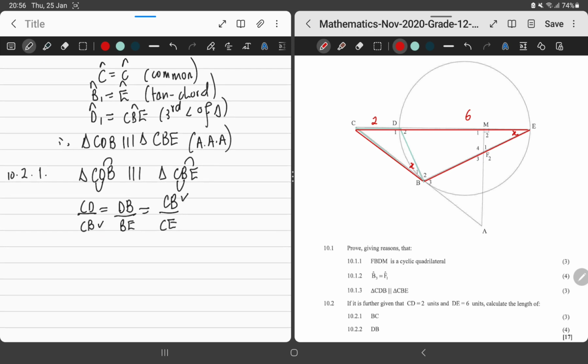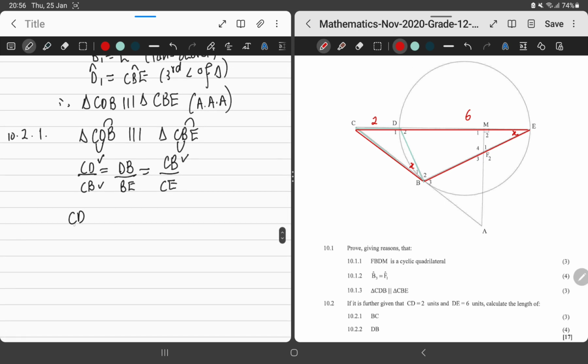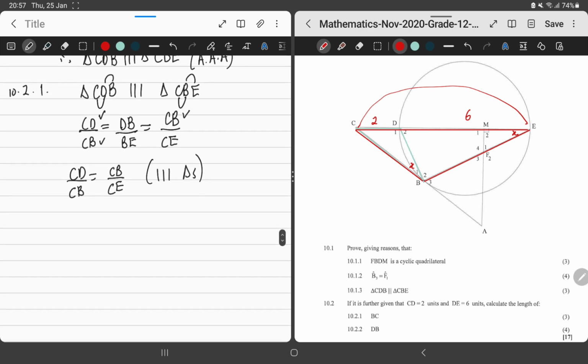And then we are given CD. Well, CE is just CD plus DE. So this is CD over CB, which is equal to CB over CE. So CE is this whole thing, which is 2 plus 6. So this is because of similar triangles.